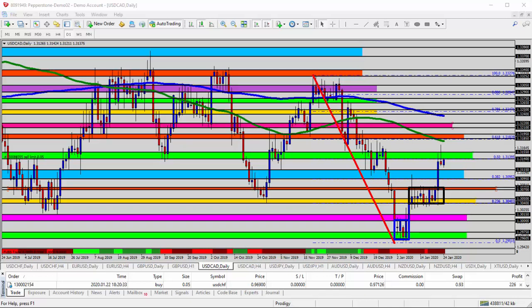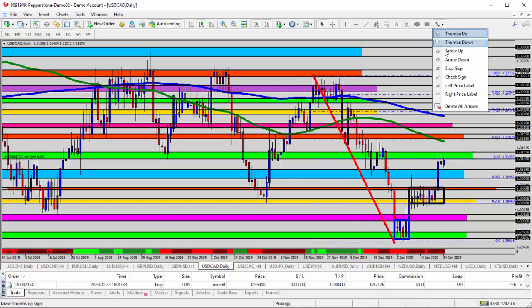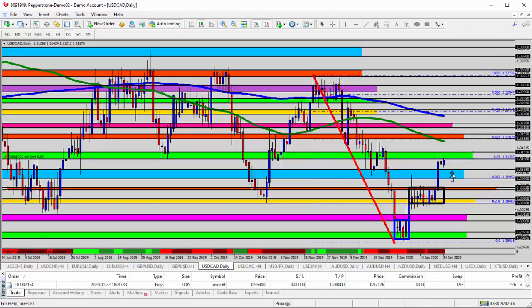Anyway, diving into it here on the daily time frame, previous trend, downtrend, red trend line, measuring that with Fibonacci. The 38.2 Fibonacci retracement level of the red trend sits down here at the blue zone, so we've already surpassed that. The 50% retracement level of the red trend line sits here at the green zone, so we're challenging that as resistance at 1.3140.